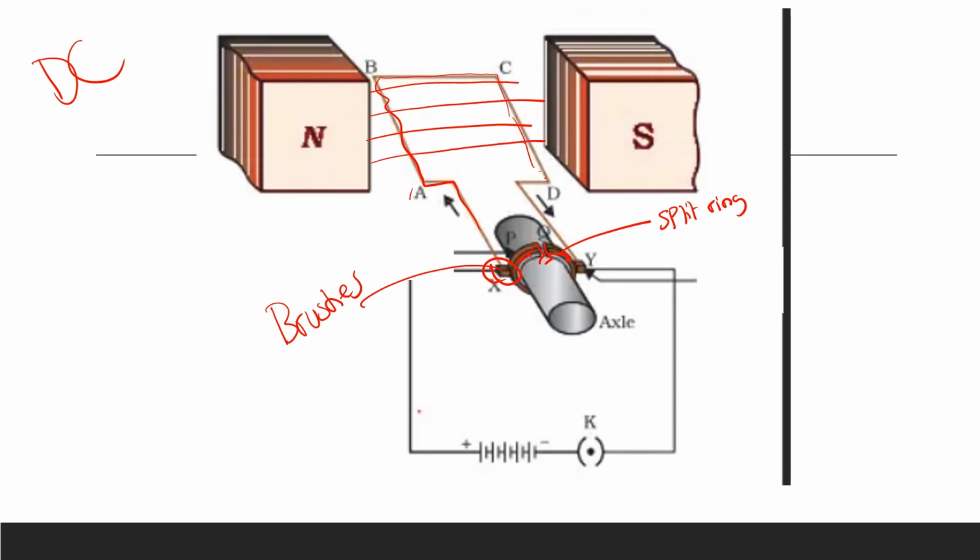Now, do you remember the direction of the magnetic field? Do you remember? It flows from north to south.